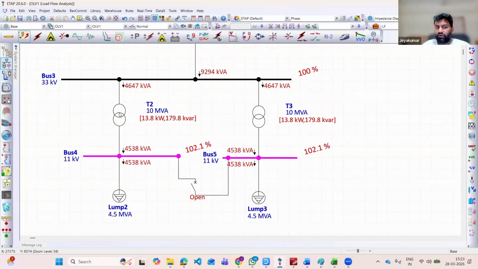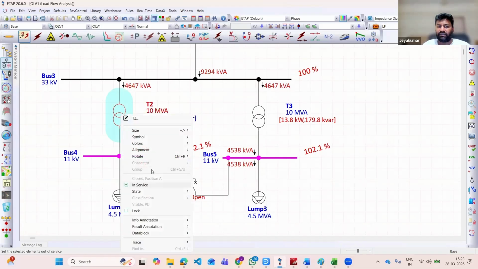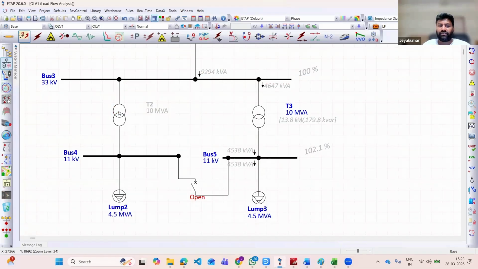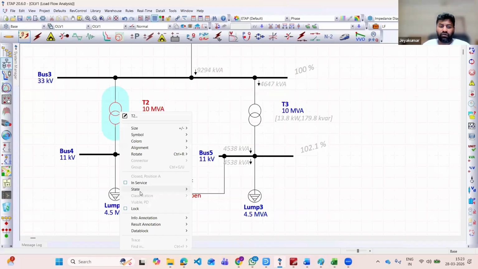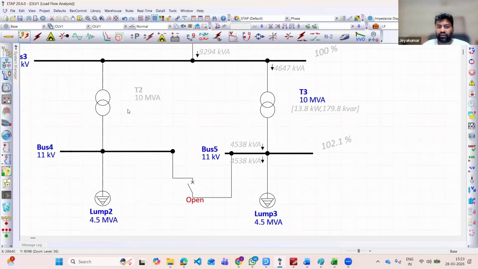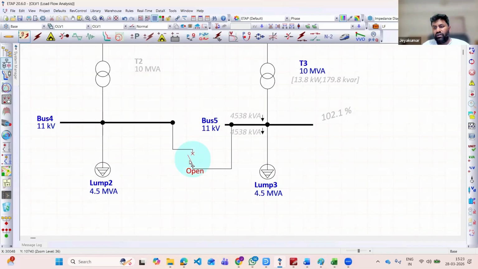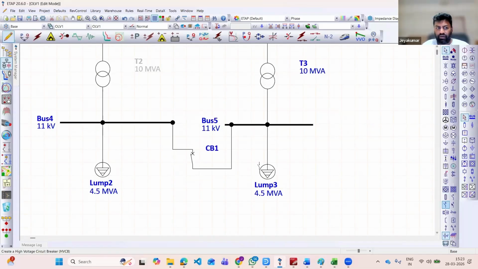While if you wanted to take the transformer out for maintenance, let's say in this case I'll take it out of service, right? So this one, I'll close this breaker. Ideally, you will have one more breaker here, something like that.